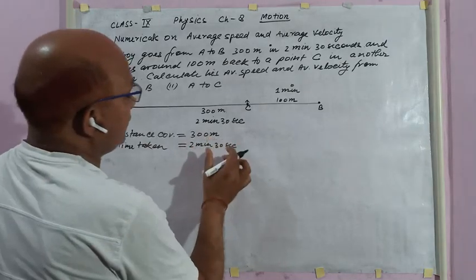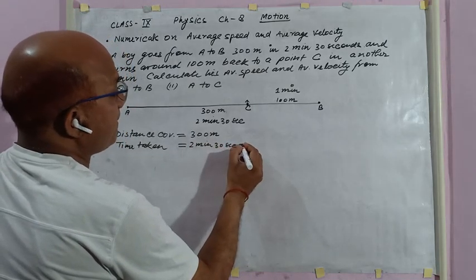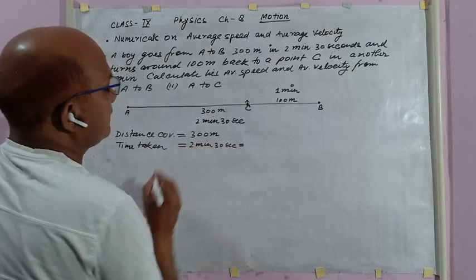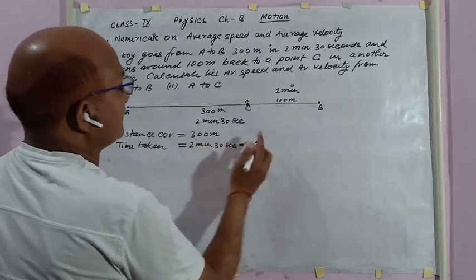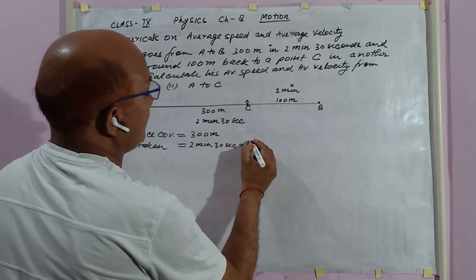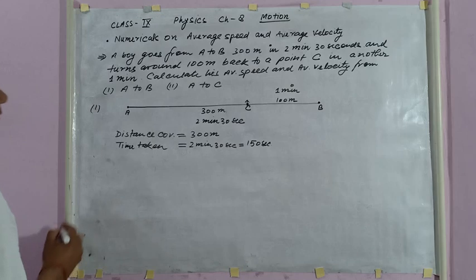Convert this whole time into seconds. 2 minutes means 120 seconds and 30 seconds. This is 150 seconds.